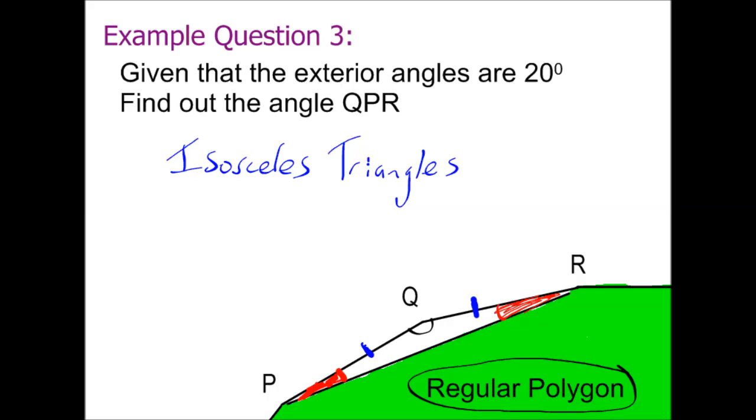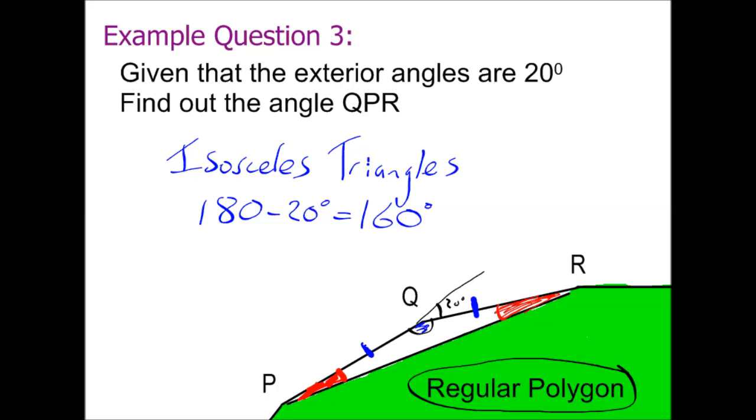Now how do we find the angle at Q? Well, we're given the exterior angle is 20 degrees. If we were to draw that on, an exterior angle, remember, carries on in a straight line. So the interior angle at Q, shaded in blue there, is going to be 180 take away the 20 degrees. So it's got an interior angle of 160 degrees.